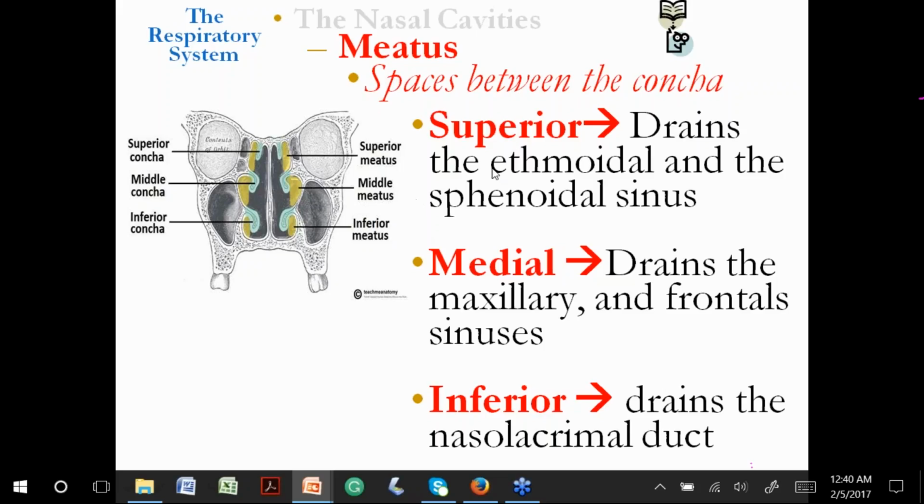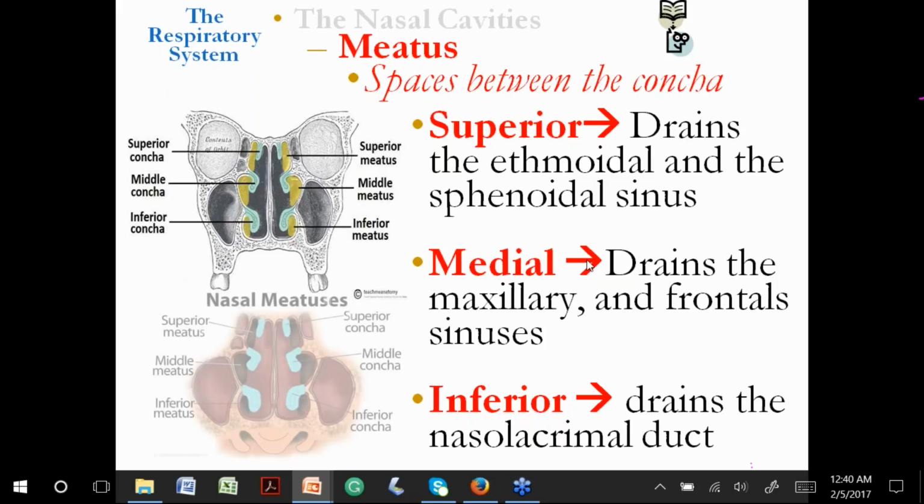I don't want you to remember what is draining into the superior, middle, inferior. No, just overall. Overall, I just want you to know that the nasal cavity is going to receive the drainage of all the sinuses, frontal, ethmoidal, sphenoidal, maxillary, and the lacrimal canal, period.